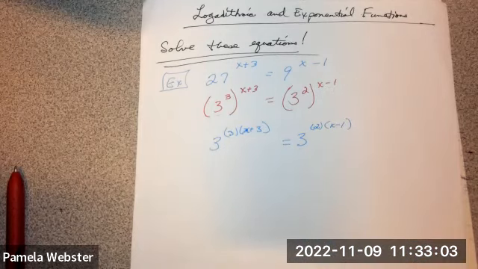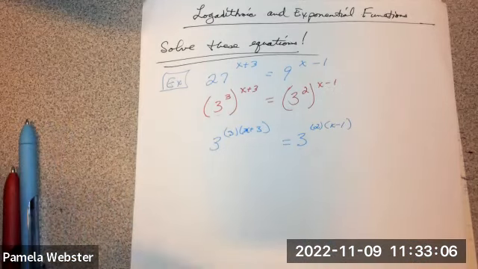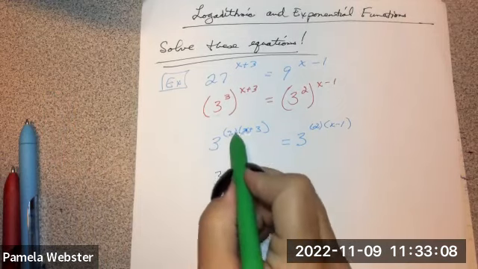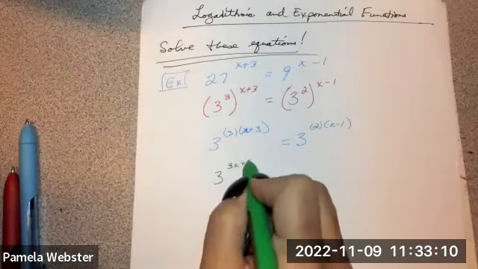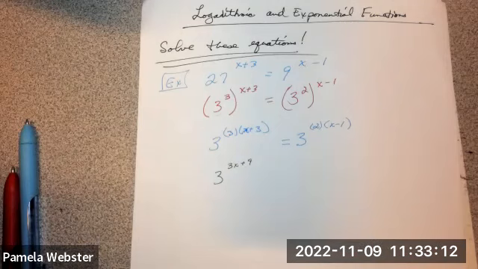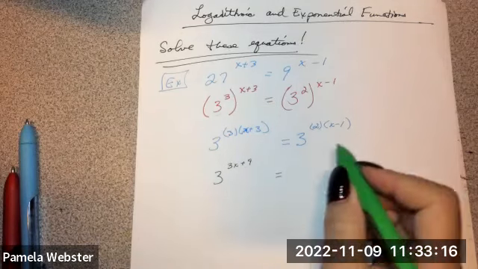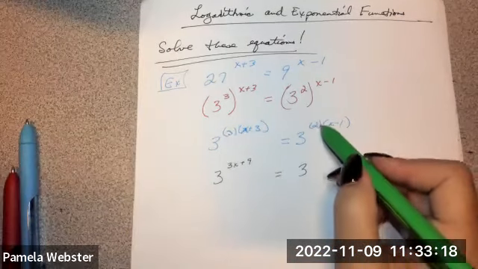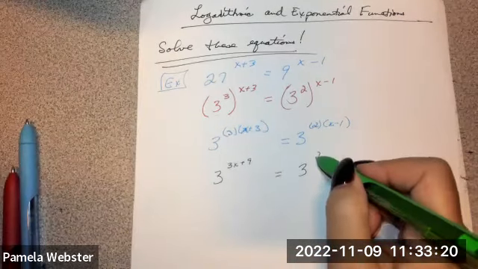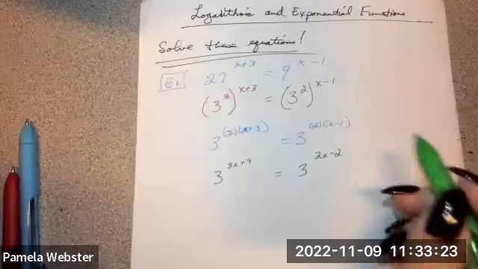Okay, now we know that that stuff's going to simplify. So this is 3 to the 3x plus 9. All right, multiply that through, distribute your 3. Okay, and on the other side of the equal sign, we've got 3 to the, and this is 2x minus 2. Right?